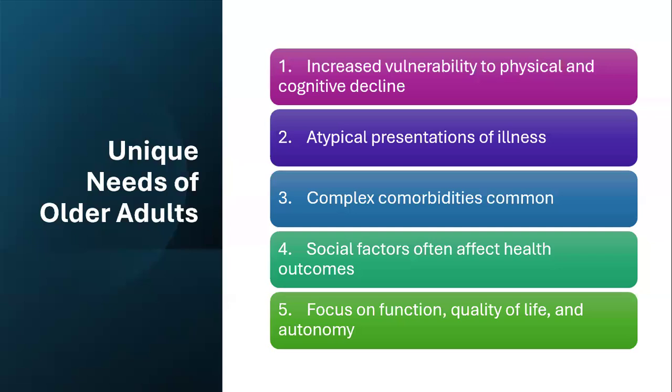What are the unique needs of older adults? These individuals have increased vulnerability to physical and cognitive decline. The moment they develop fever, sometimes they will not be able to walk and they'll have some decline of memory as well. And sometimes their presentations are not typical.